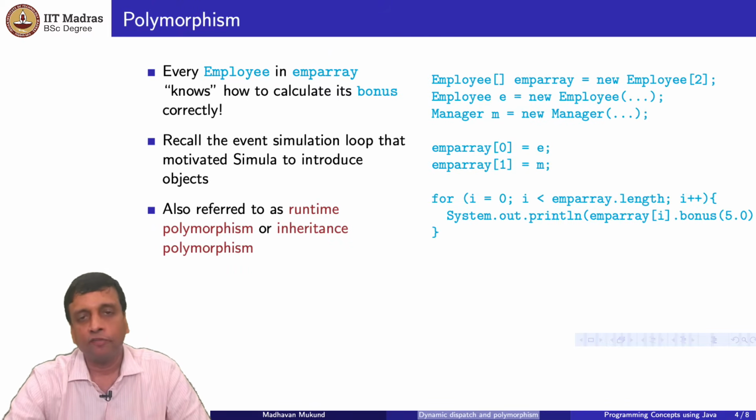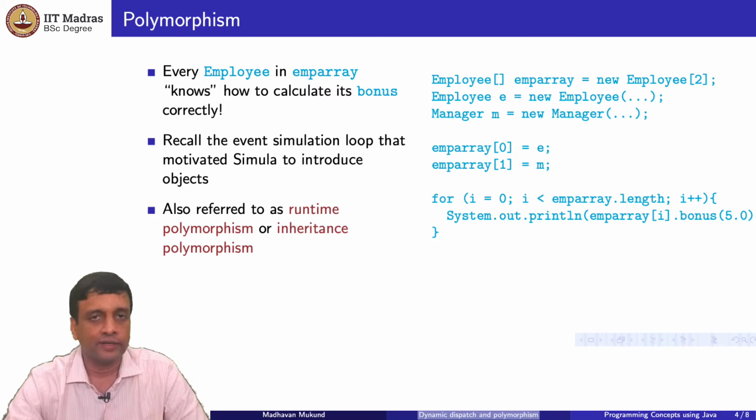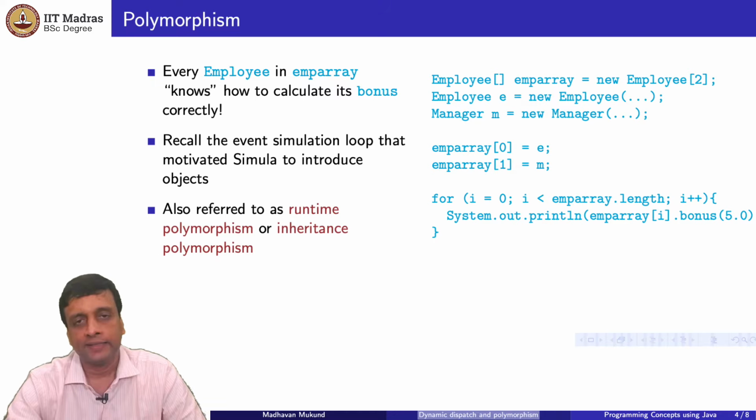So this type of dynamic dispatch is also known in the object-oriented programming literature as polymorphism, more specifically as runtime polymorphism or inheritance polymorphism, because this comes as a result of the runtime behavior of an object and through the inheritance hierarchy.